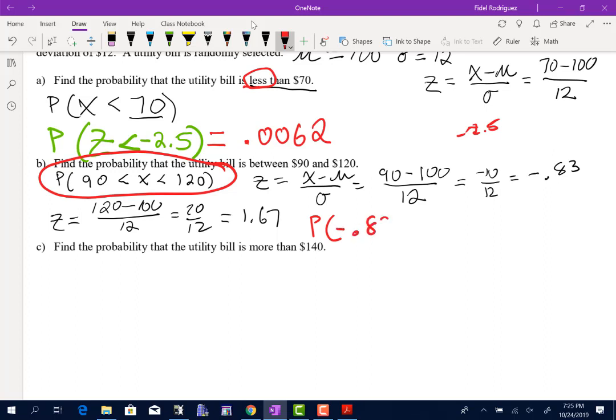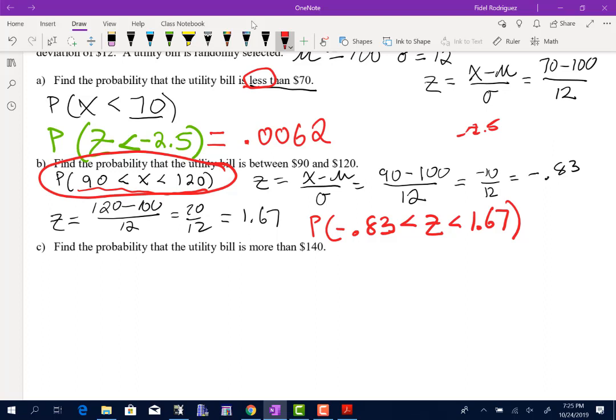Negative 0.83 and 1.67. Yeah, the order matters. Think about it this way. Look at the way this one is written here. It's saying your bill is going to be between 90 and 120, right? Aren't we going from the smaller number to the bigger number?